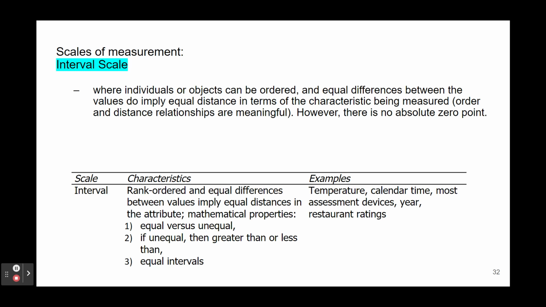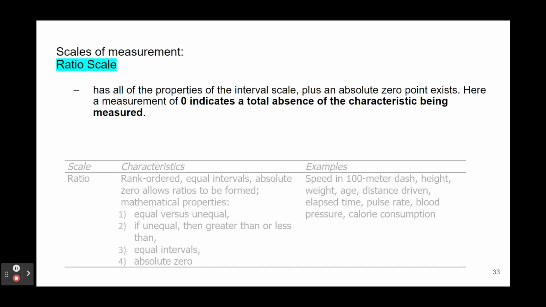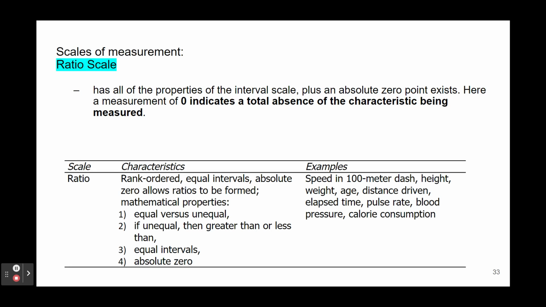$1, 1 inch, 1 second, right? One more basket, right? We do understand the meaning of the metric one, and that's okay. And then it becomes an interval scale. But the challenging part of the interval scale is what? Interval scale and ratio scale, both have a meaningful metric.